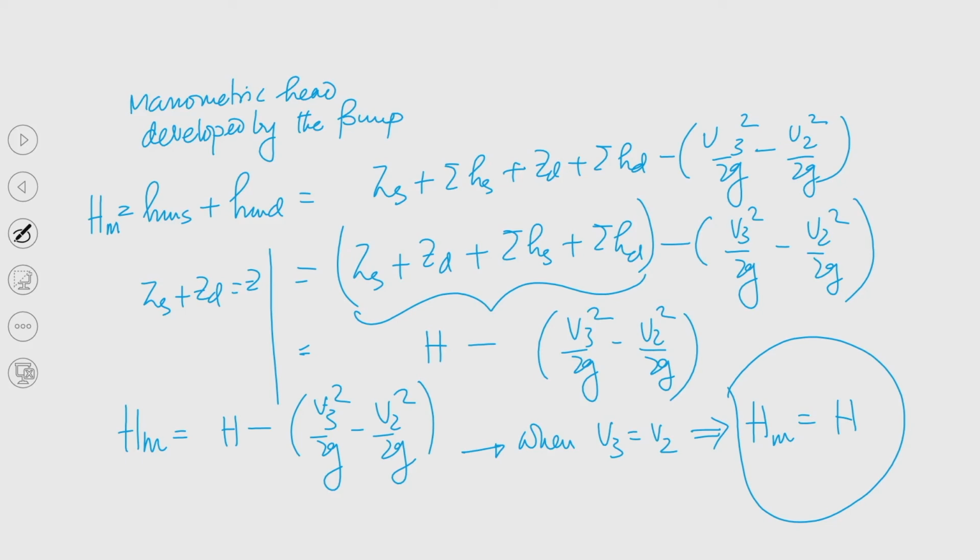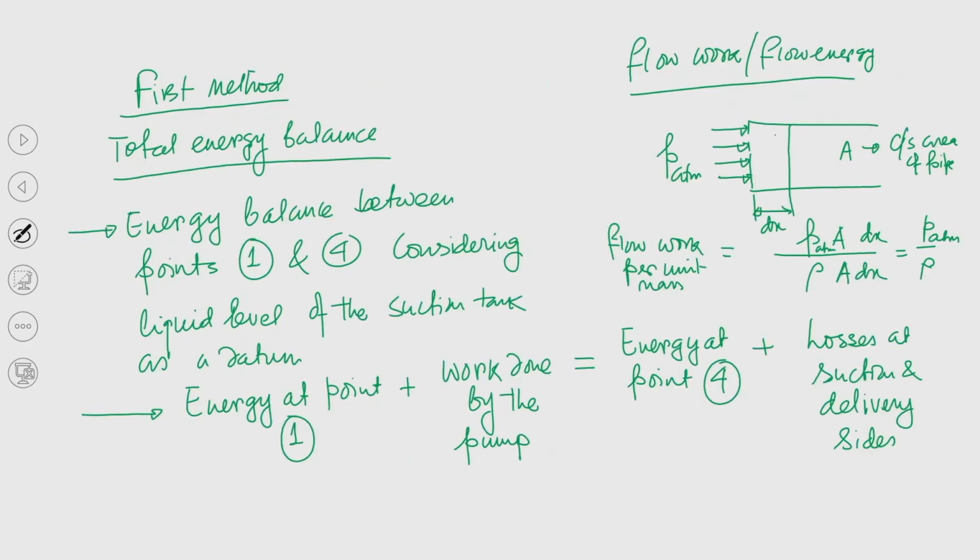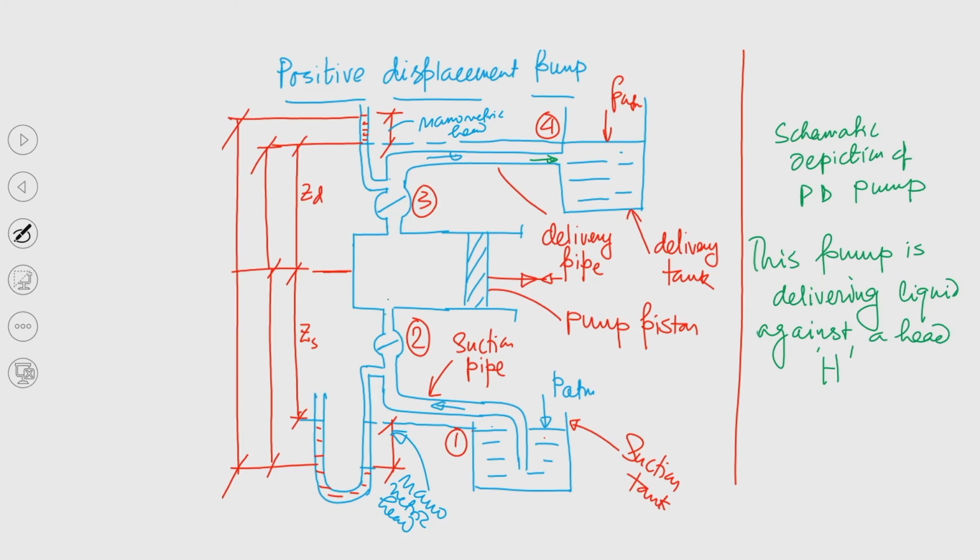Okay. Now, I would like to go to the schematic depiction. So, what is this quantity, right. This quantity up to this is HMD, this is HMS and this is HM, manometric head.